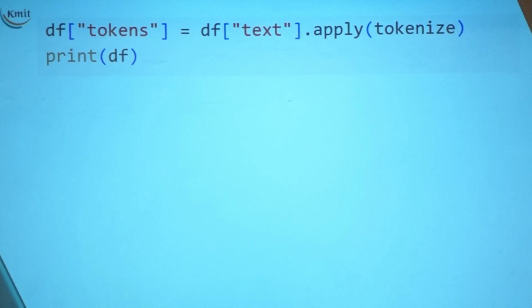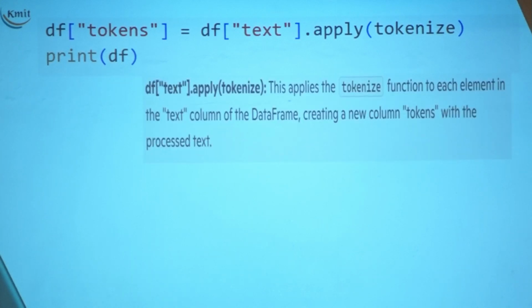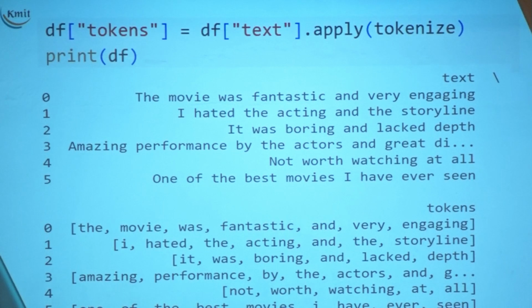Earlier the column was the text column, wherein everything was a normal string, right? Now it will have another column, tokens. What will the tokens column have? A list of the words that are present in the string, separated, and they are also lowercase. Clear enough, guys? Yeah. So now I'll print this data frame after I apply the tokenize method.